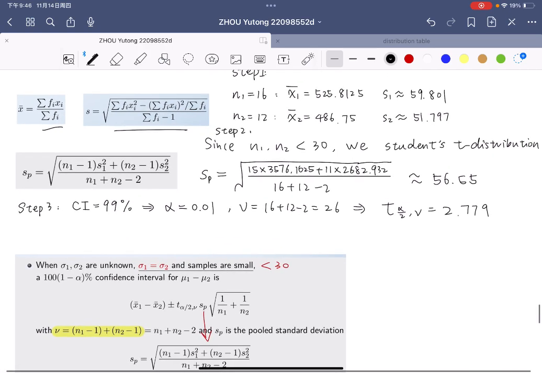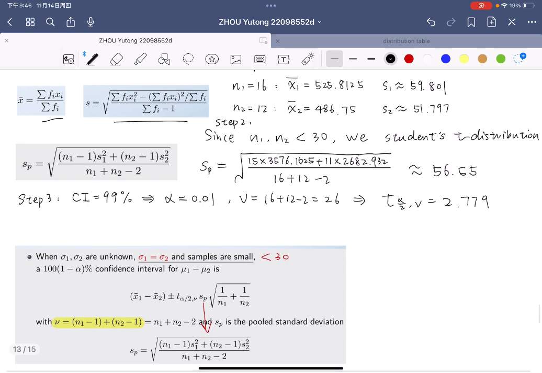Now we come to the last step, that is to calculate the mean difference.